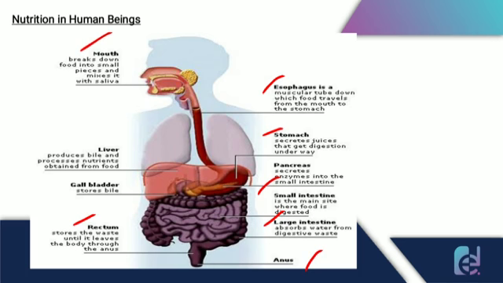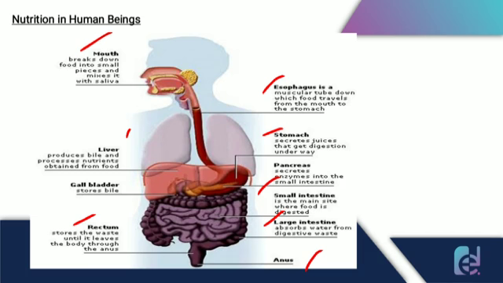Now we also have some other organs in our digestive system, like the liver. The function of the liver is to produce bile, and it processes the nutrients obtained from the food. Below the liver we have the gallbladder. It stores the bile juice.